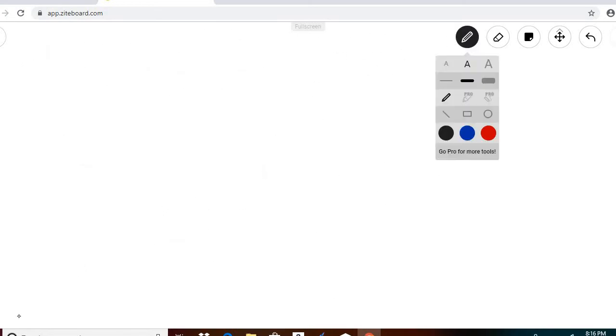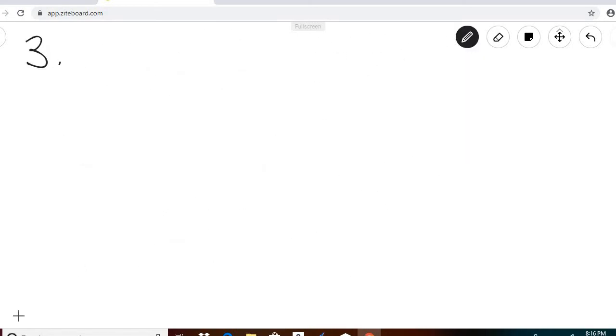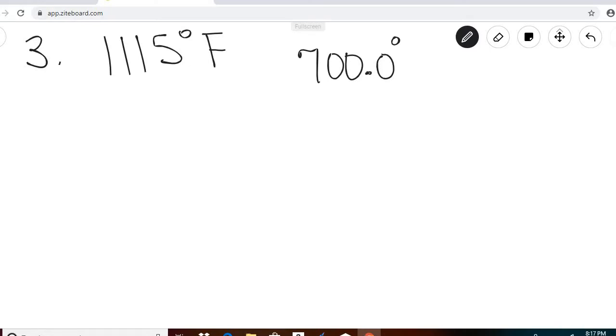Okay, number 3 says the temperature of gas A is 1,115 degrees Fahrenheit, and the temperature of the same gas is 700.0 degrees C. Which gas's molecules are moving faster?